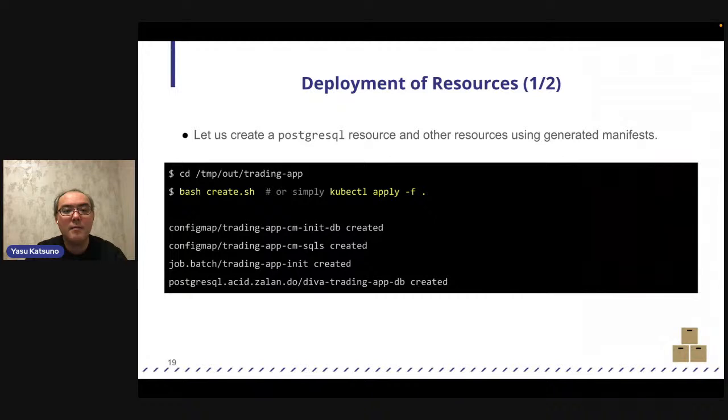First is deployment of resources. Deployment means creating the Postgres cluster pod using the generated YAML file. It can be done by create.sh or just the kubectl apply command.